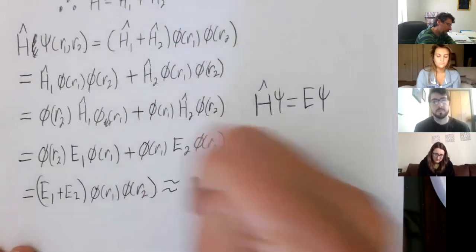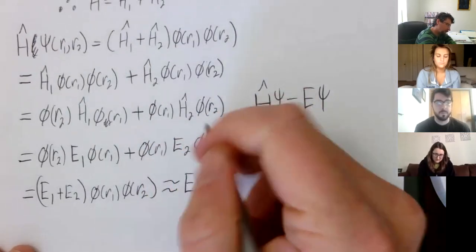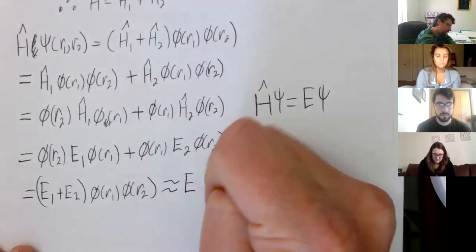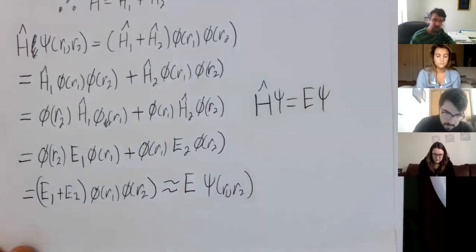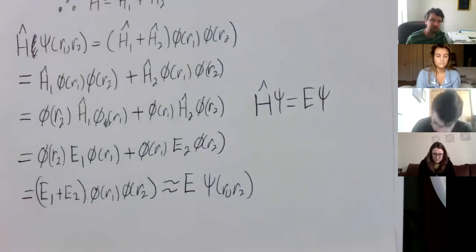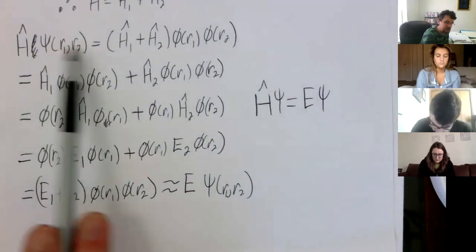And therefore, what we're saying is we're approximating the total energy of the system is equal to this, because we made that first step.